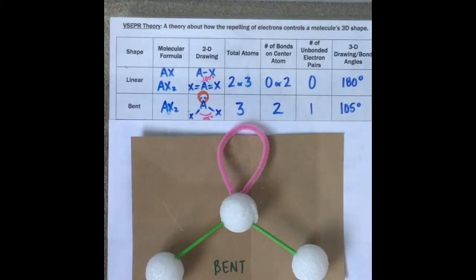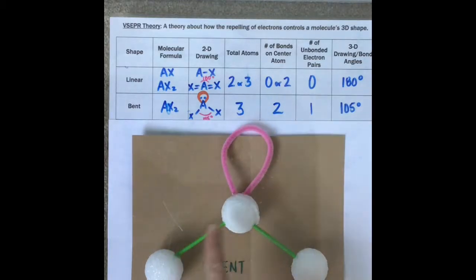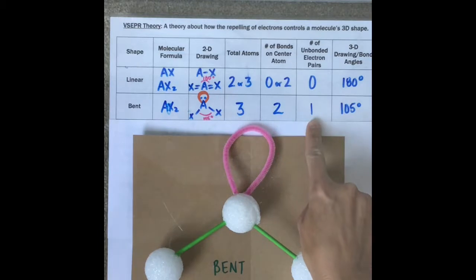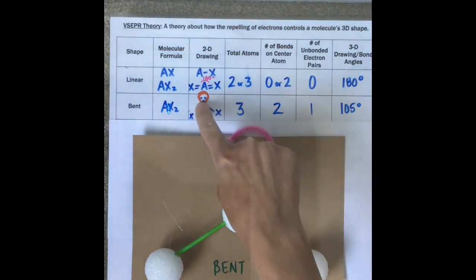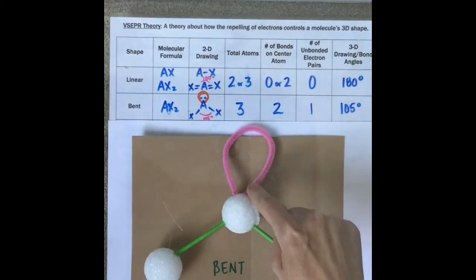This shape is called bent. You have one atom in the center, and you have two bonds to the center atom. So you have a total of 3 atoms, 2 bonds on the center, and notice you have one unbonded pair of electrons. And that's what this represents in the picture, and what is represented by my pipe cleaner here.